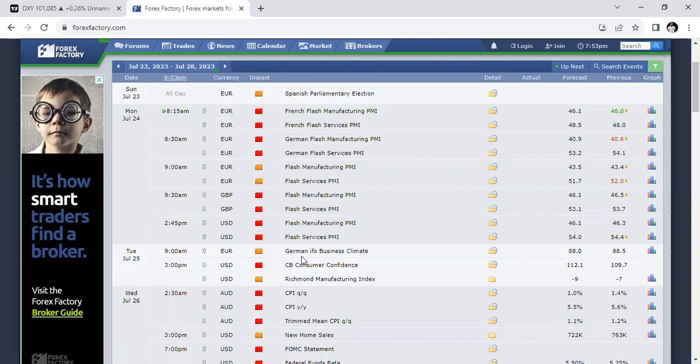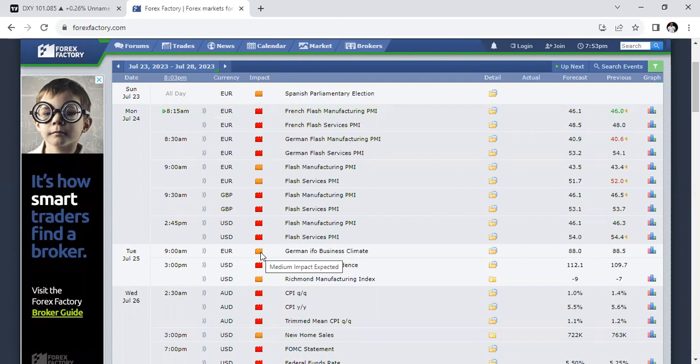Then on Tuesday at 9 a.m. we'll have this Euro orange folder, and as you're seeing on the screen, the orange stands for medium impact.